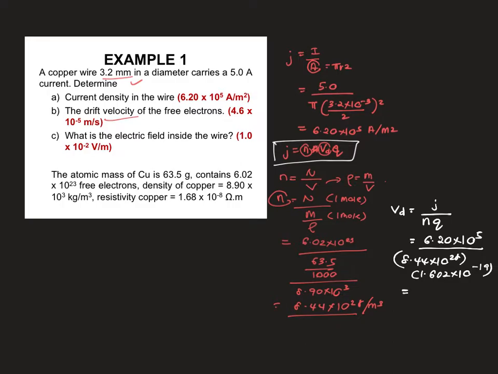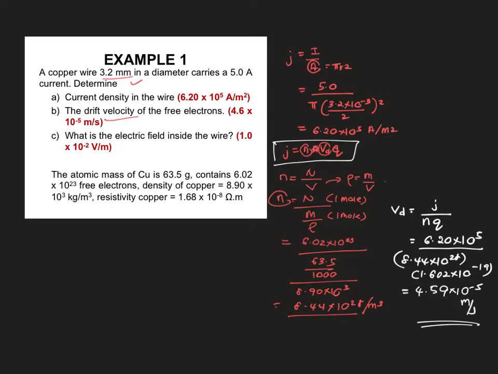So you get your answer, 4.59 × 10^-5 meter per second. For question C, we are going to answer that after you have learned about the relationship of the resistivity with the electric field.